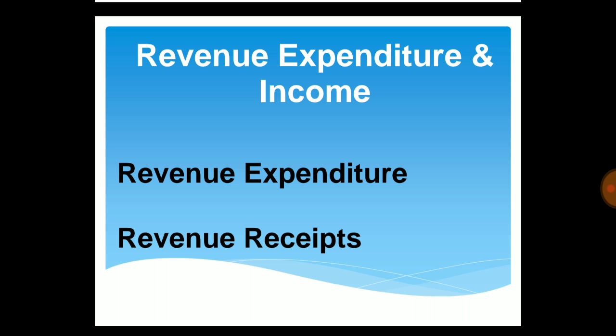Kohler defined revenue expenditure as an expenditure charged against the operation, a term used in contrast with capital expenditure. An expenditure which is not capital expenditure and which is incurred for carrying on the day-to-day business activities is called revenue expenditure.